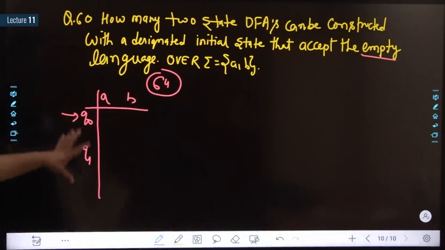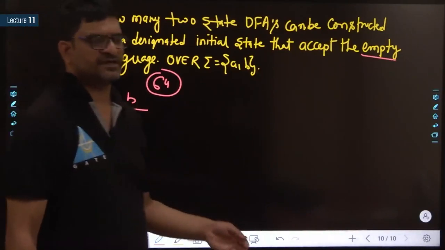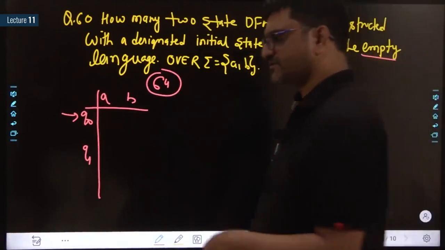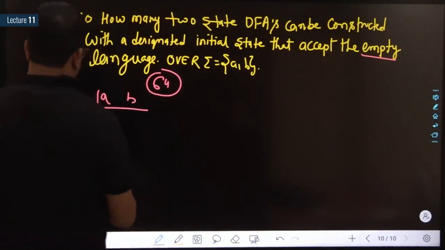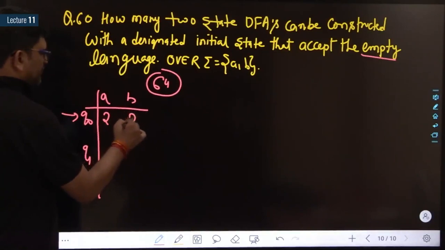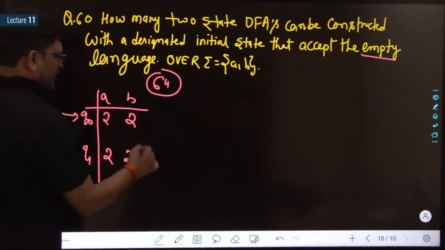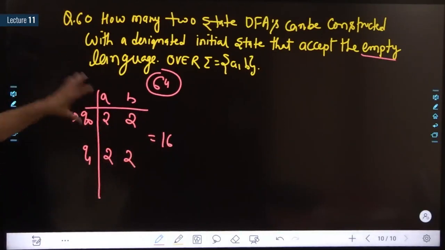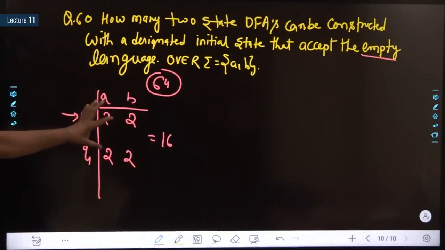If there is no final state, it means the DFA accepts the empty language. So there are two possibilities for each: 2, 2, 2. So 16 DFAs. From this, we can get 16 DFAs.